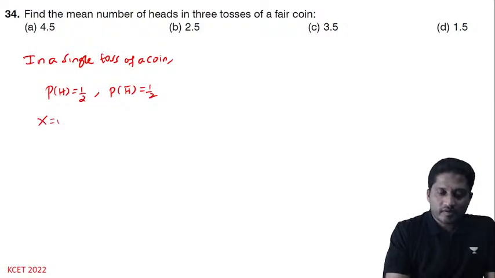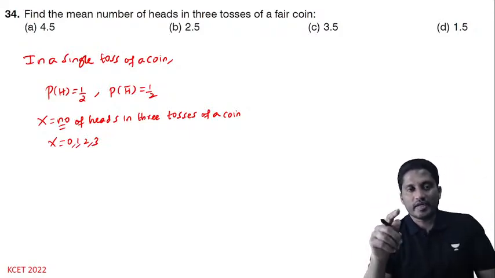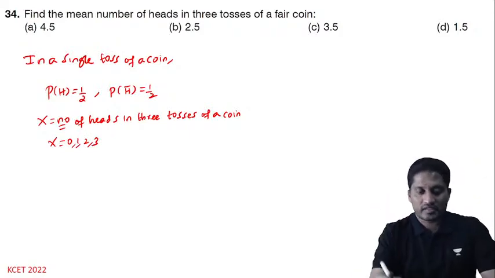X is equal to number of heads in 3 tosses of a coin. So this means that X is equal to 0, 1, 2 and 3. This means that you get 0 heads, 1 head, 2 heads and 3 heads.